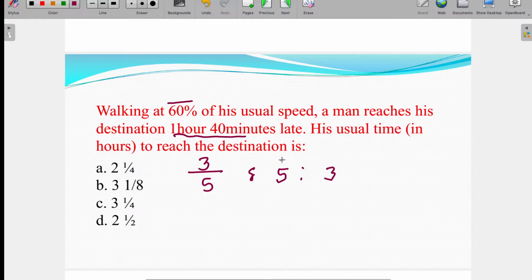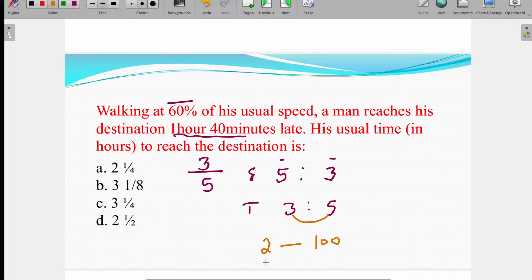Usual speed is first, now is new speed, then time ratio will be 3 is to 5. Usually he will go in 3 minutes, now he is going in 5 minutes, which means he is going how much minutes extra? 2 parts.